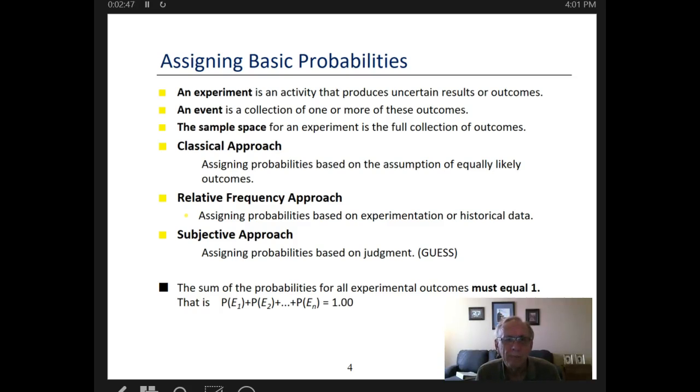Relative frequency, assigning probabilities based on experimentation or historical data. And subjective, and I refer to that as a guess. The important thing here is that the sum of all of the probabilities has to equal 1.0 or 100%.